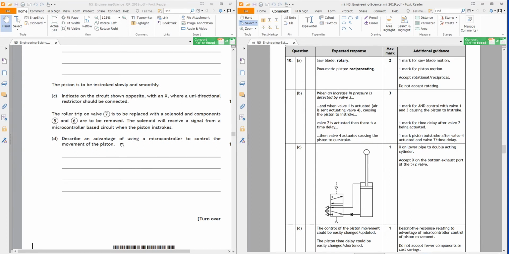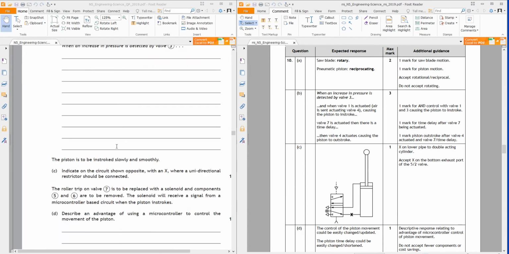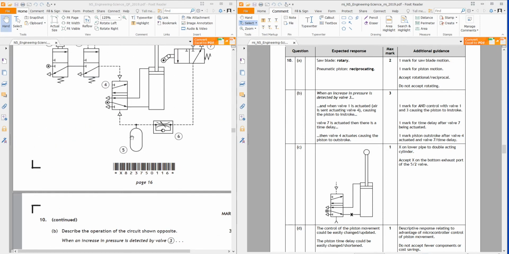This question wasn't well done. Describe an advantage used in a microcontroller to control the movement of the piston. Right. So it's a microcontroller for this exact situation. It's not a general microcontroller advantage. Now, we've all done the delay thing.